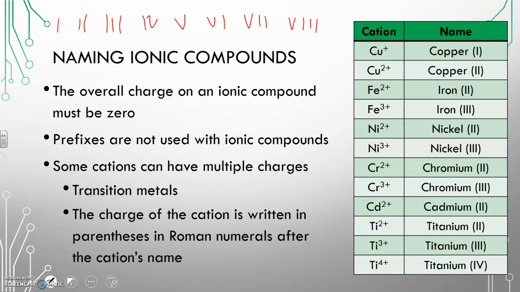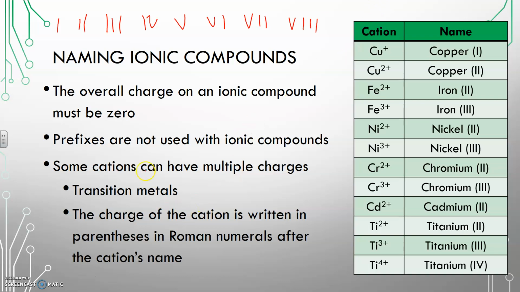You shouldn't have to do anything more than 8. If you just know these, that will get you through it. I, II, III, IV, V, VI, VII, and then VIII.